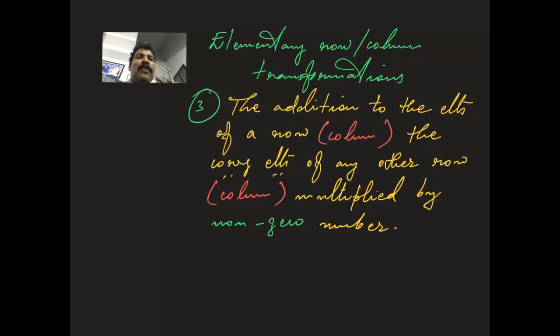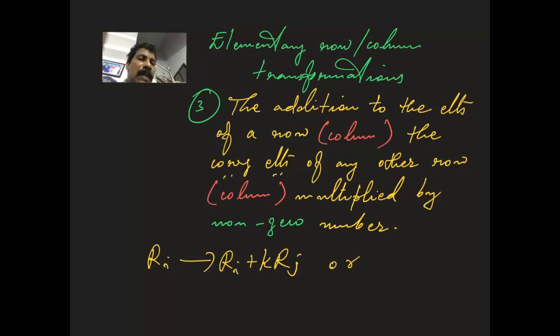Now another elementary row or column transformation is like this. The addition to the elements of a row or column, the corresponding elements of any other row or column multiplied by a non-zero number. For example, suppose we are transforming the ith row, that is Ri transformed as, we can multiply jth row elements by a non-zero scalar k and then add those elements to the corresponding elements of the ith row. That is Ri transformed as Ri plus k times Rj.